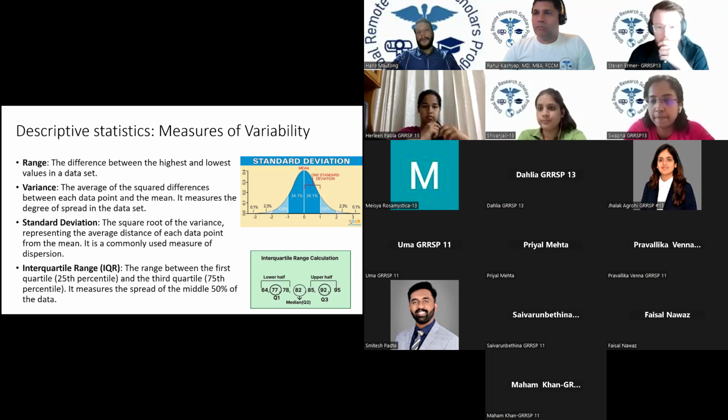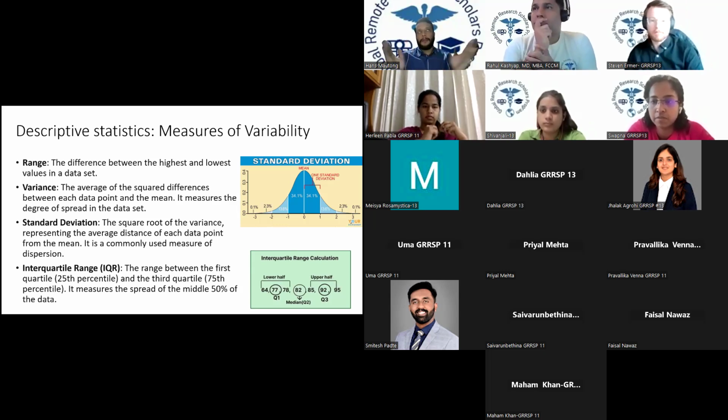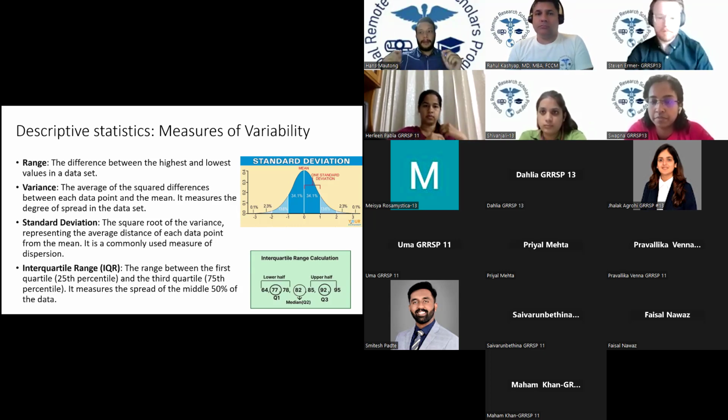These measures of variability help you put some values around the mean and have some flexibility, with plausible values that your mean can fit in.